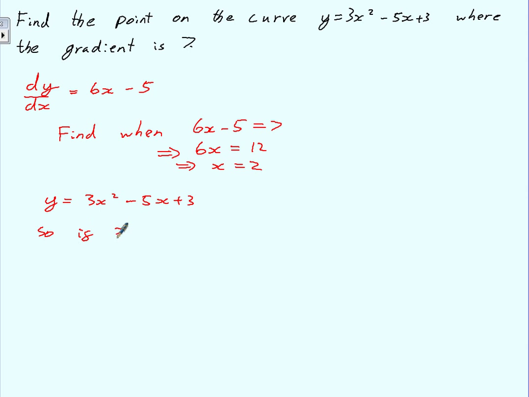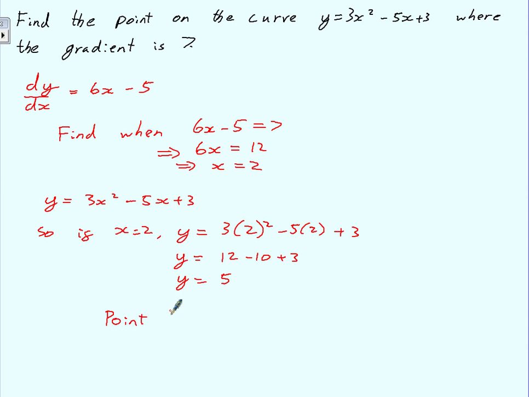So if x is 2, y must be 3 times 2 squared minus 5 times 2 plus 3, which is 3 times 4 is 12 minus 10 plus 3, which I make to be 5. So y is 5 when x is 2, so the point has coordinates (2, 5).